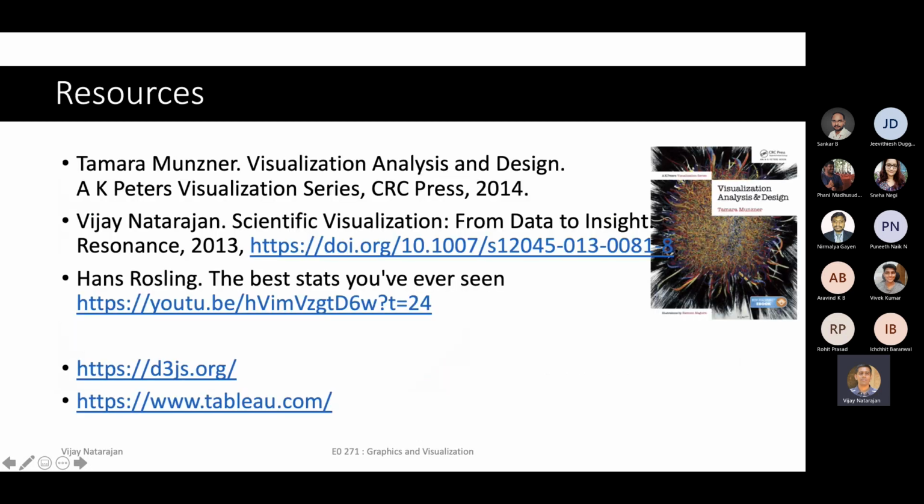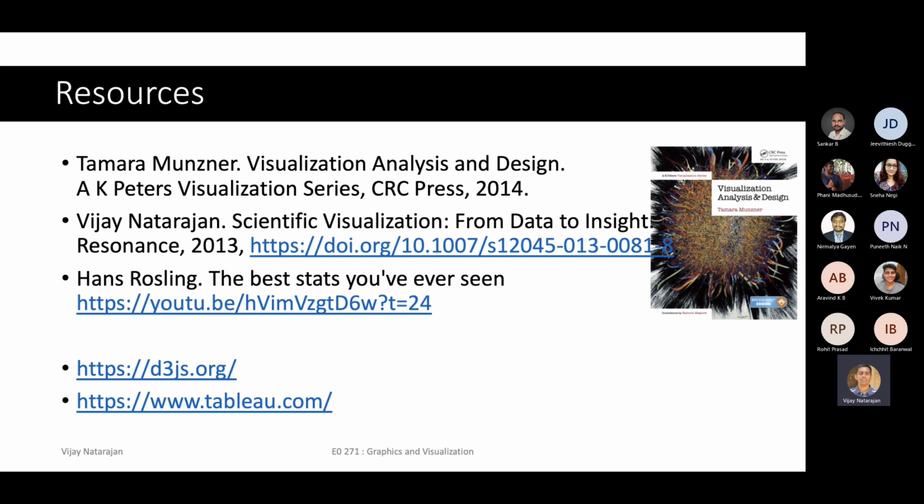So the resources, if you want to read more about this: there are courses taught focusing only on information visualization, or in other words, visualization of data where there is no obvious spatial context. The book by Tamara Munzner is one of the most recent and comprehensive collections of concepts related to visualization.